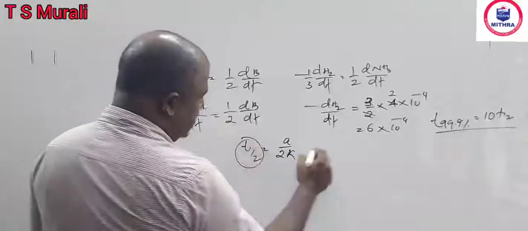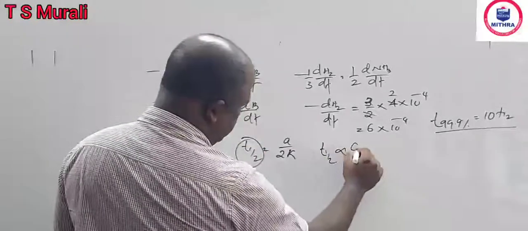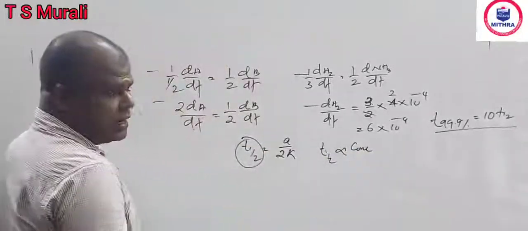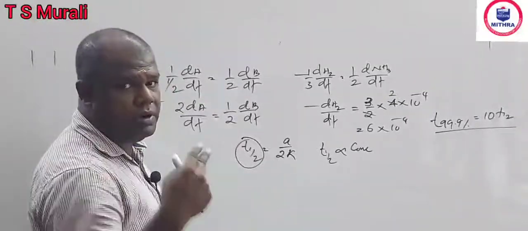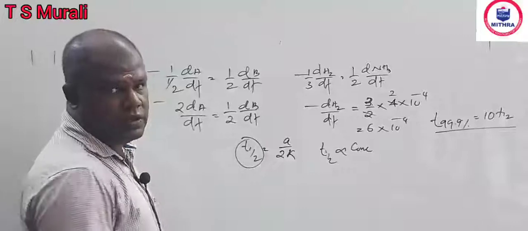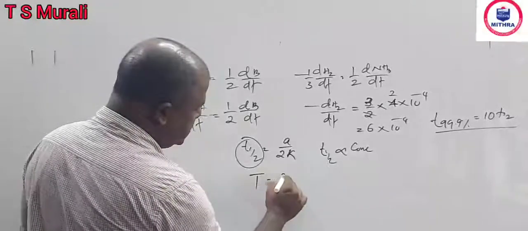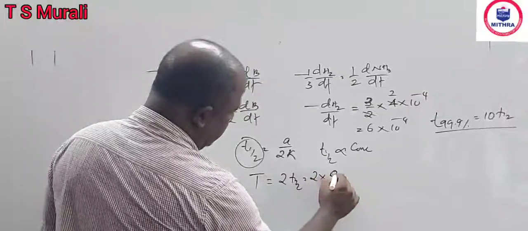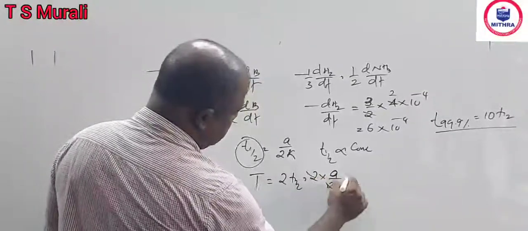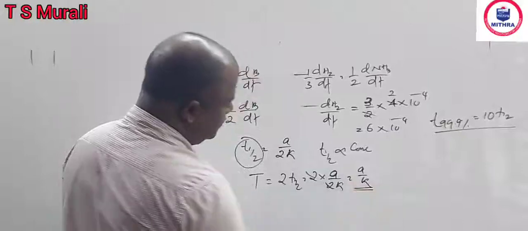Since for a zero order reaction, half-life is directly proportional to concentration, the time required to complete 50% is A by 2K. So double the time is required to complete the reaction. That means the total time required to finish the reaction is 2 T half, and 2 into A by 2K means A by K will be the answer.